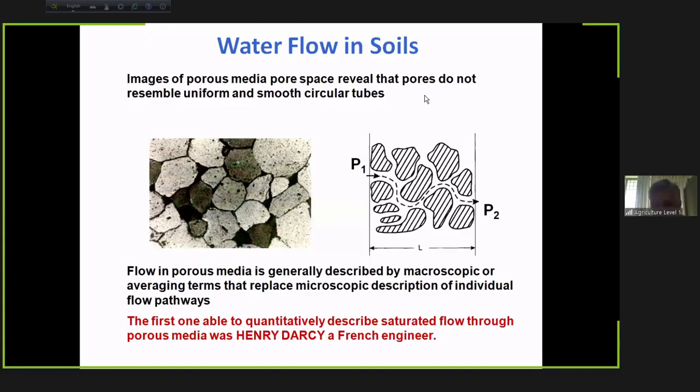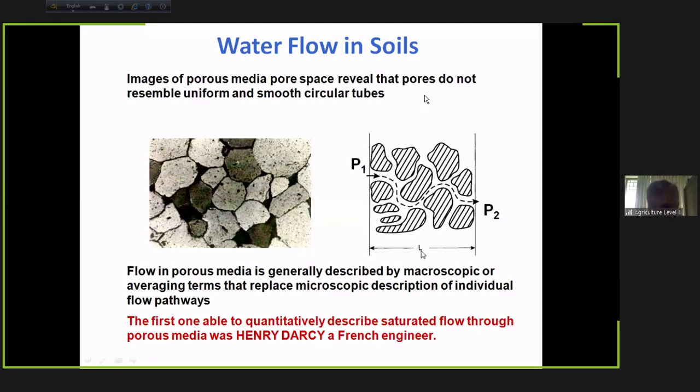So unsaturated water movement is more complicated than saturated water movement. Why? Because in unsaturated condition, air bubbles in soil can block the water movement, but in saturated condition, normally air bubbles get dissolved in water and move out to the atmosphere. So this is easier. And here you can also see the length of water movement.